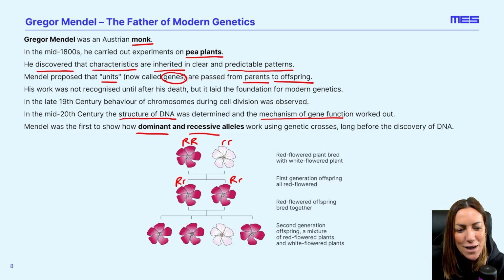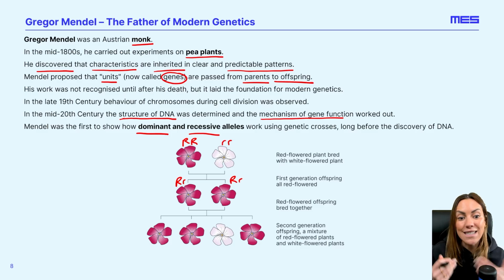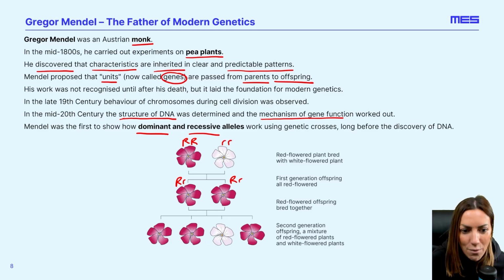Now, he didn't refer to it as a dominant allele, but he noticed that the red trait was dominant, right? Even though the parents were red and white, all the offspring ended up red from that first cross because red must be dominant, a dominant unit.